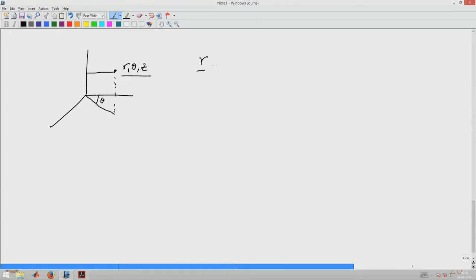So, the position vector in this case will be indicated as r cos theta in the direction of x axis plus r sin theta in the direction of y axis. So, this is the r cos theta because this is r, and this value projected here is the r sin theta.